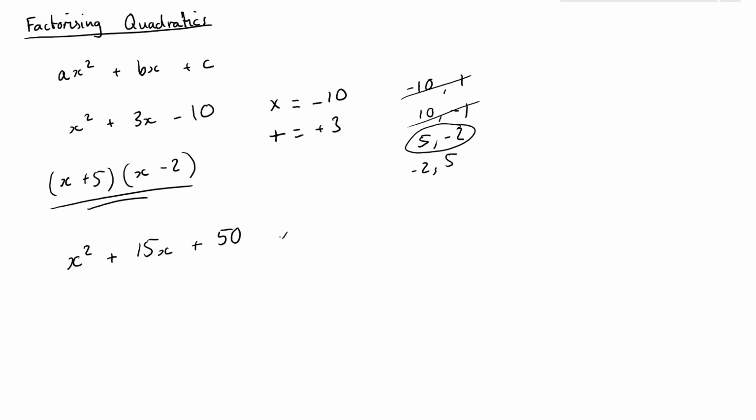We'd be looking for 2 numbers that multiply to give 50 but add to give 15. The numbers that multiply to give 50 are probably going to be 25 and 2, 50 and 1. Notice it doesn't matter if I'm doing 1 negative and 1 positive here, because I've got a positive answer. If I'm getting a positive answer, I could possibly have both of these things be negative, so I could also have a minus 25 and a minus 2.